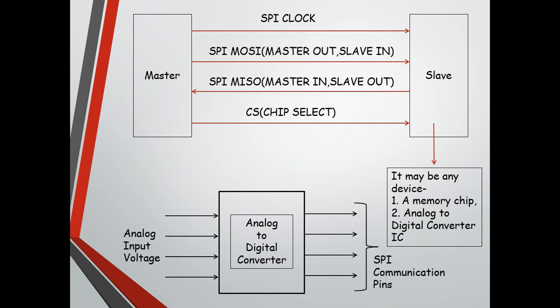In such cases you can get an analog to digital converter IC. Your analog interface will be with this IC, and this slave device can communicate with master with SPI protocol. So in this way a number of devices are coming with SPI protocol. Today I will guide you about what things a programmer needs to take care of when he is dealing with the SPI protocol. So let's move further.